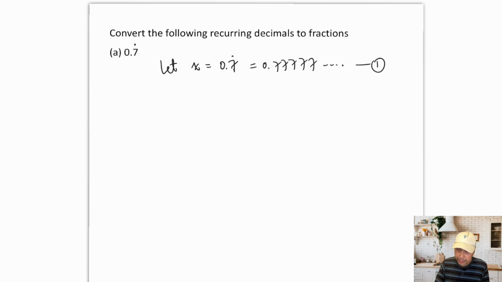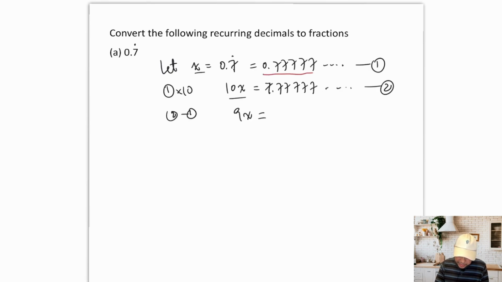The second step, we multiply equation 1 by 10. So the left hand side is 10x, the right hand side is 7.77777, and so on. Equation 2. We compare these two numbers, especially the digits after the decimal points. Actually, they are the same.